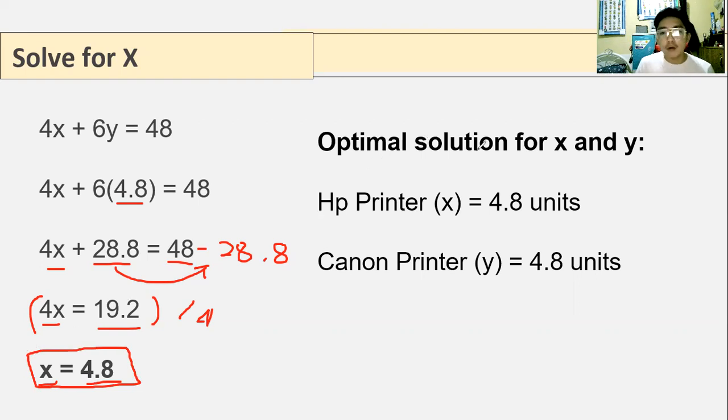So the optimal solution for x and y is 4.8 units: HP printer is 4.8 units, Canon printer is also 4.8 units. It's the optimal solution that the company has in order to maximize profit. 4.8 units, 4.8 units, as seen in the computations that we have. Next.